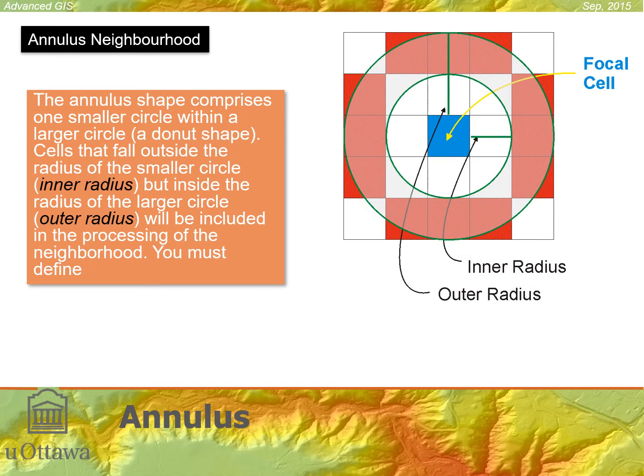The annulus is basically a donut shape. So annulus you can always think of as a donut. And it could just as well be called a donut, but it has to have that more Latin-derived name here.